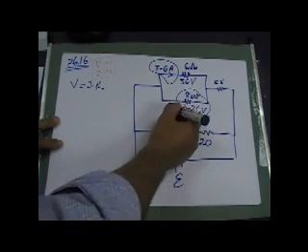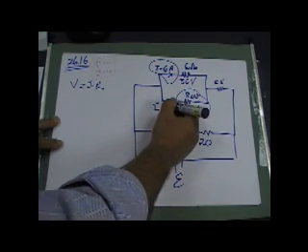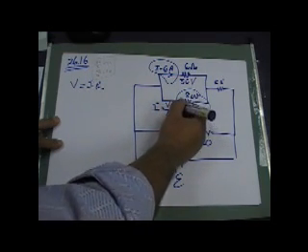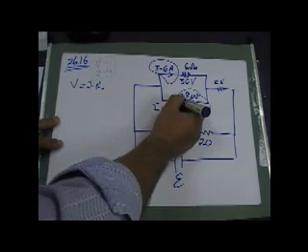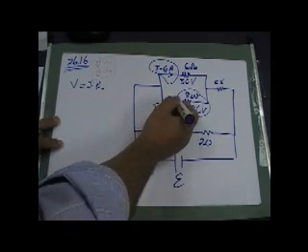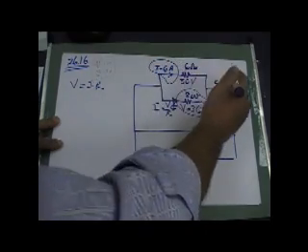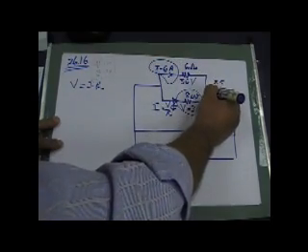Now from here, I can find this I. I here is simply V is equal to IR, so it's V divided by R. So I got I in this, and it has to be this way. So I got this I, and I have this I, and I know that the sum of these two will give me the I here.